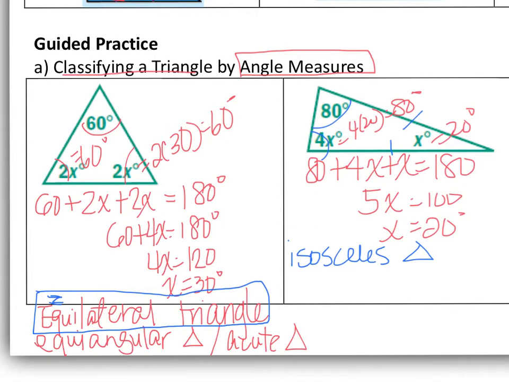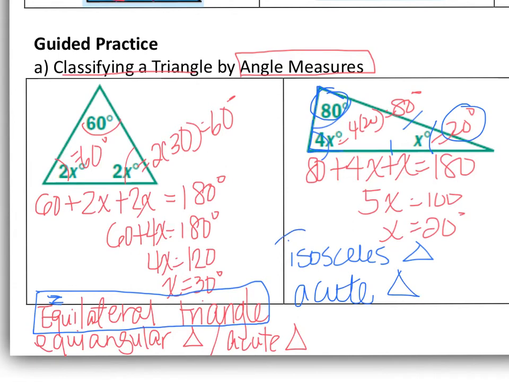And since this angle here is an acute angle, as well as this angle here and this one, we can also say this is an acute triangle.